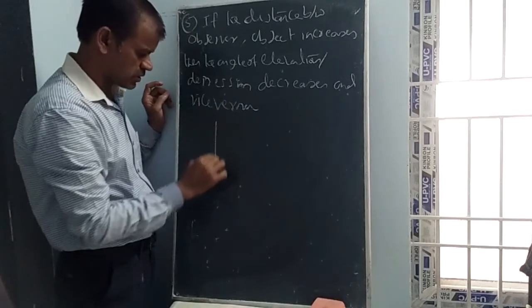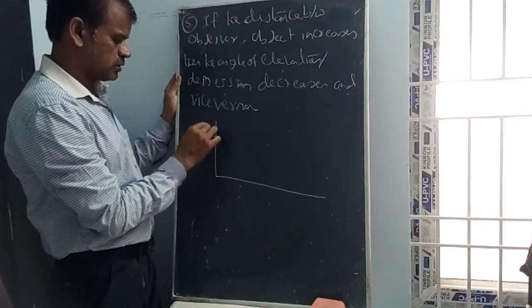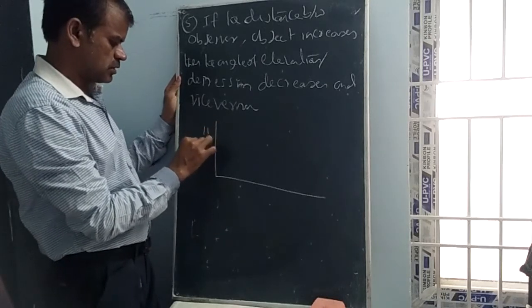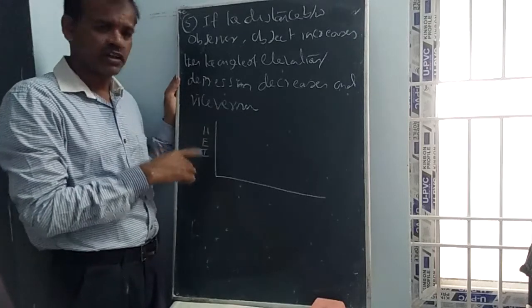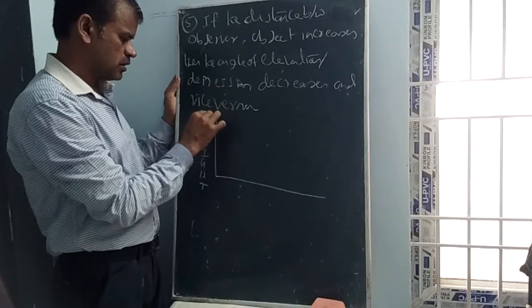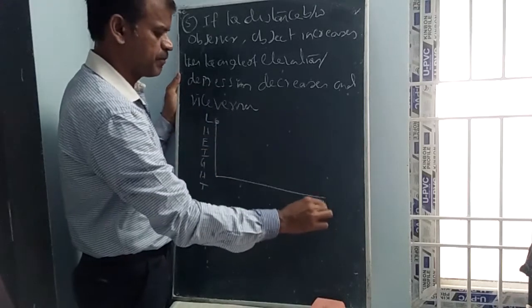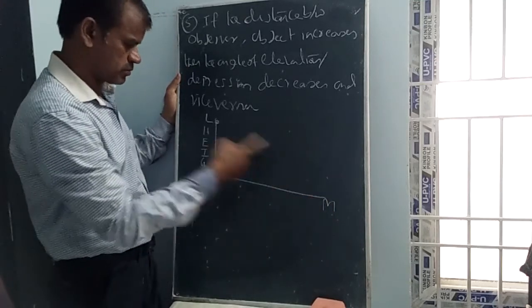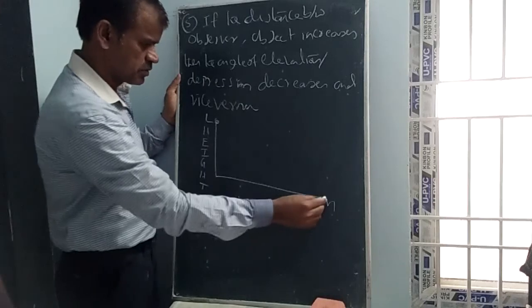So what is the meaning of this, sir? I will explain using the diagram. This is the height. Let us consider this is an electric pole or a wall, anything. Here an object is there, for example a light, and a man is observing the light from a constant distance.